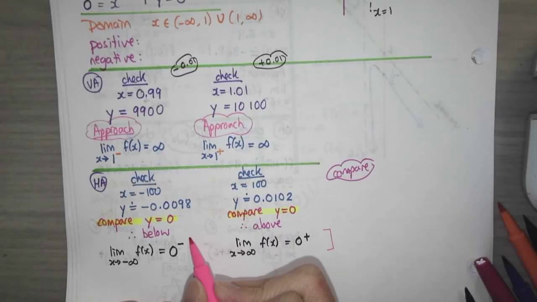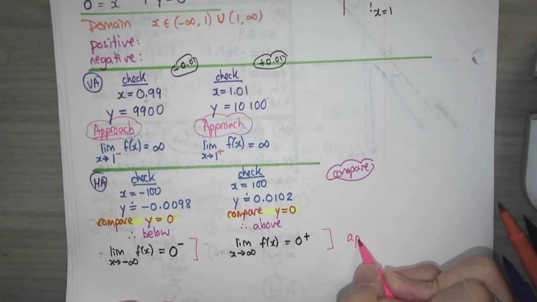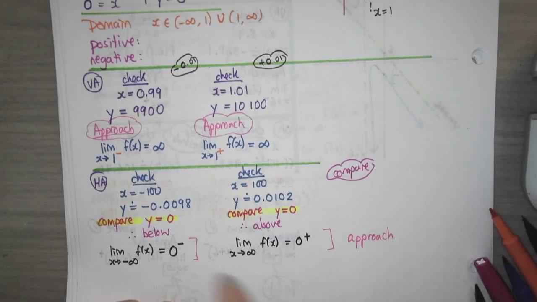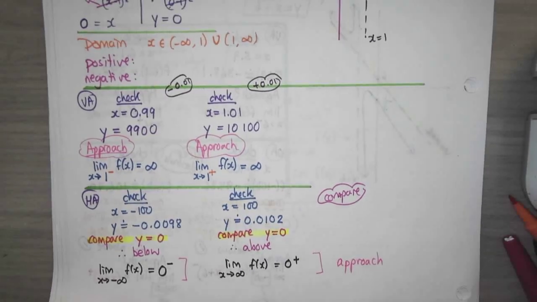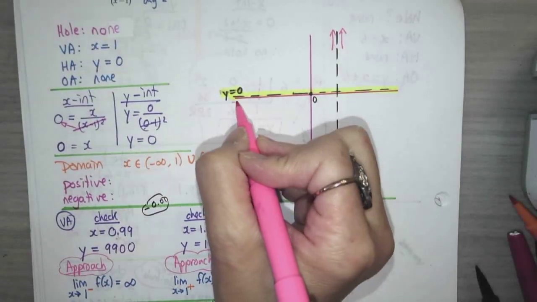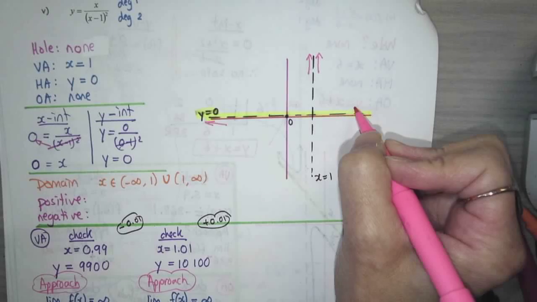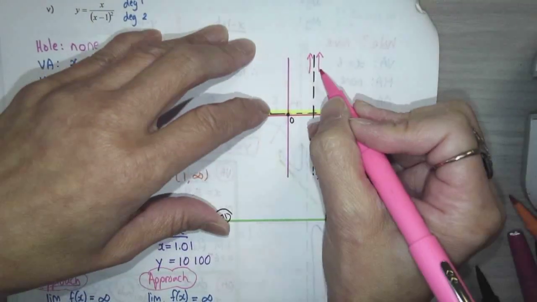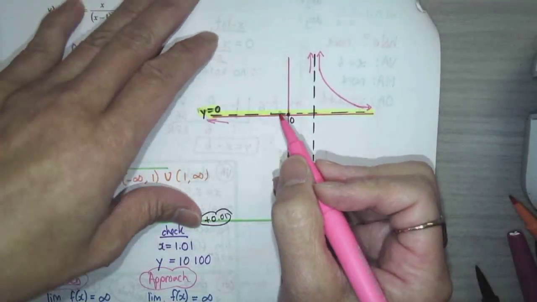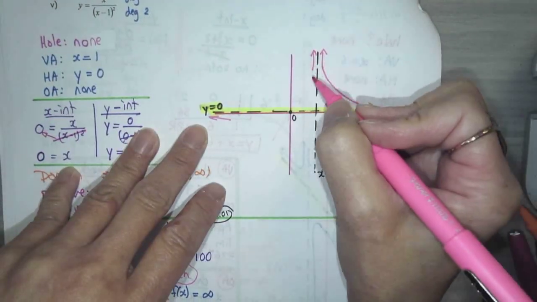So if we ask only approach, it's only this bottom line here. So that's the approach. So then from here, we know on the left side, it's heading from below. So these guys here, it's below, and then this one here is from above. So that kind of makes sense because we don't have another x-intercept, so it does this way.